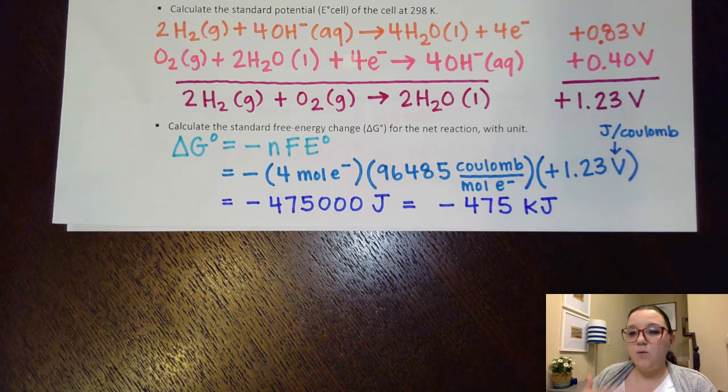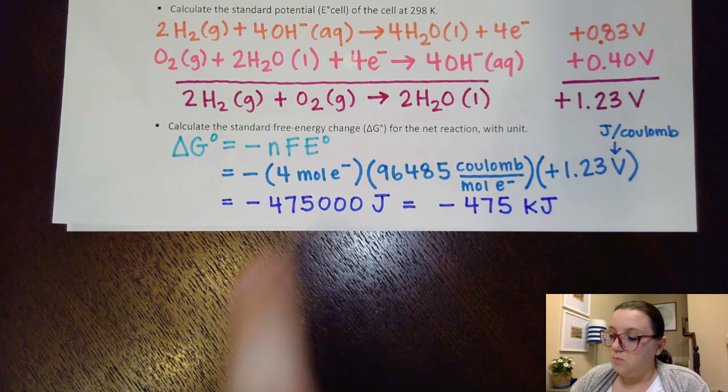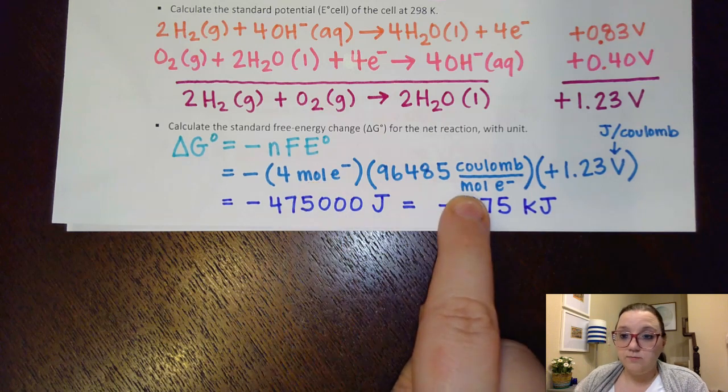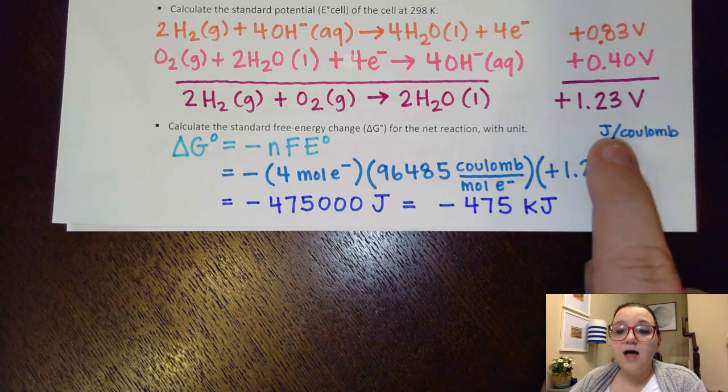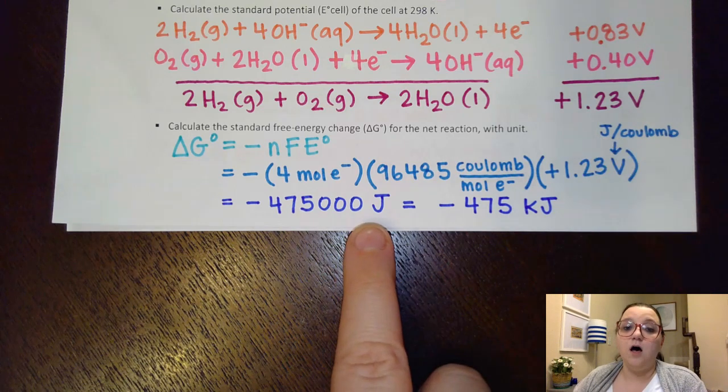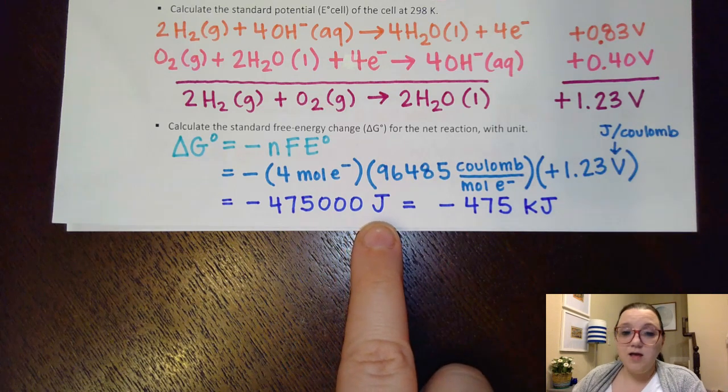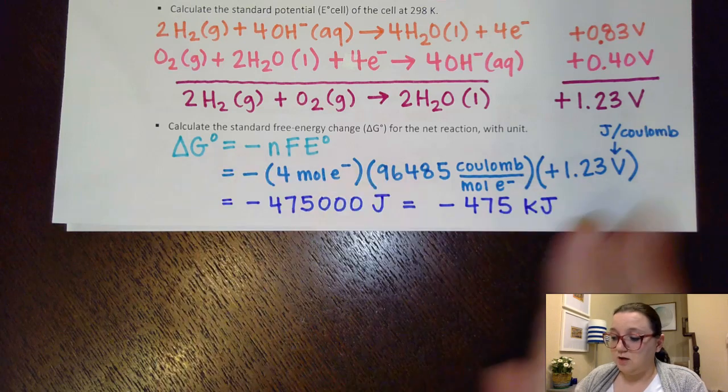And so now I can start to see how those units would cancel. Moles and moles cancel out. Coulombs and coulombs cancel out. And so that leaves me with a unit of joules.